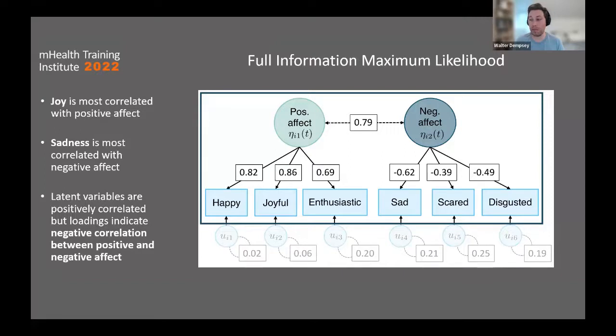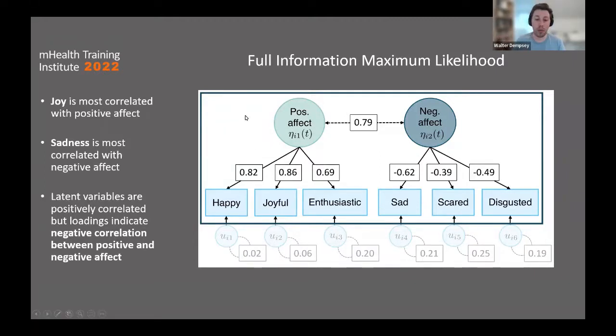So I'm building a latent factor model, modeling both positive and negative affect as something evolving over time, and the measurements are conditional on your current level of positive affect. What will be your response to happy, joyful, and enthusiastic? Under the missing at random assumption, I can feel comfortable just modeling the observed EMA items. I don't have to worry about the missingness because the missingness will factor out in the likelihood.